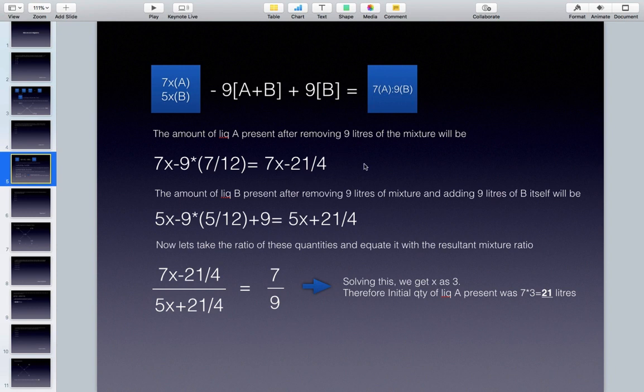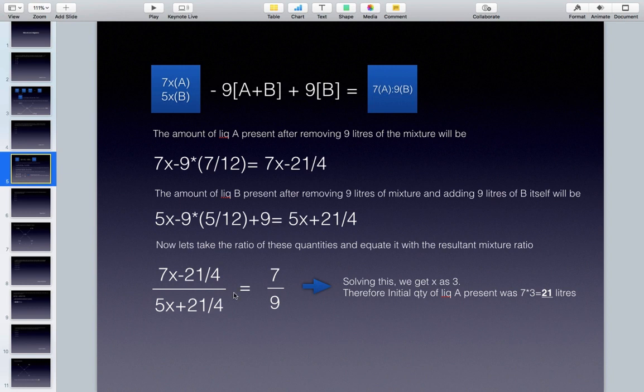So when we take the ratio of these equations, this is the remaining quantity of liquid A after the whole process, and this is the remaining quantity of B after the whole process.